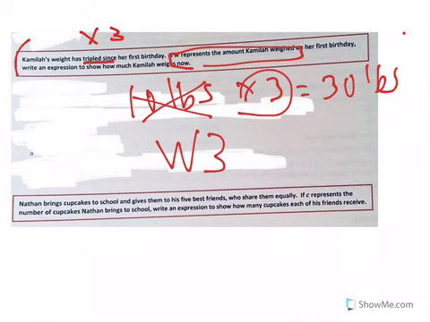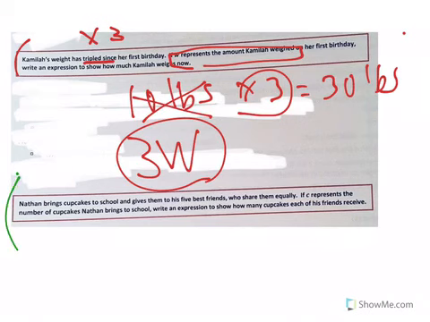So we'd say just W times 3, and we also know that the number comes first, so we have 3 times W would represent what she weighs now. So 3 times her weight on her first birthday, or W. Okay, let's take this information and move down to the second problem.